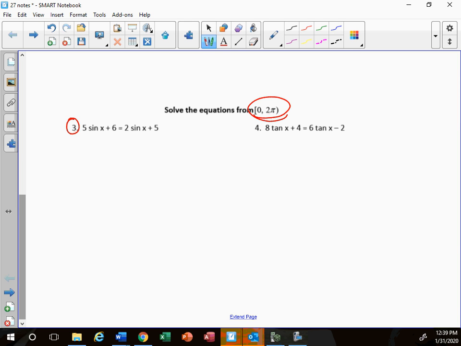Just push second on. We've changed mode, and you have to change your window. For your X max, you can just type in a 2 and then the pi symbol, and it'll change it to the decimal.